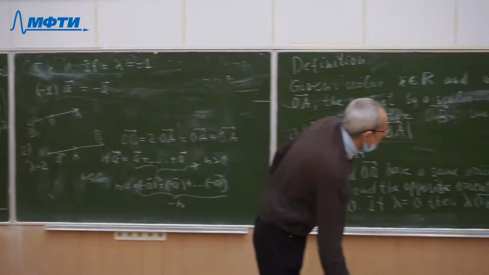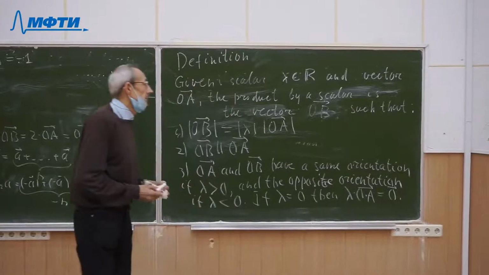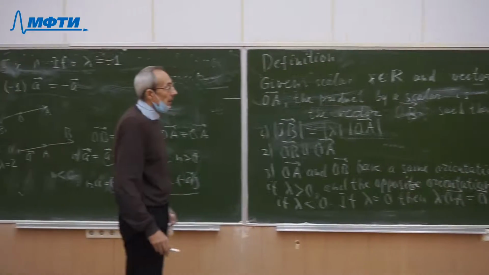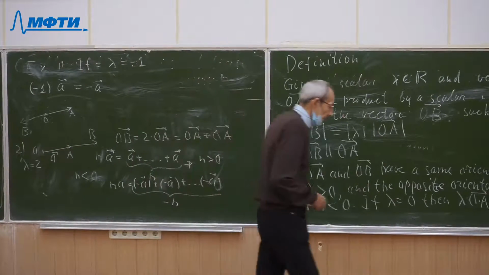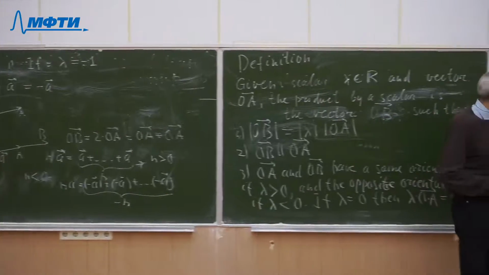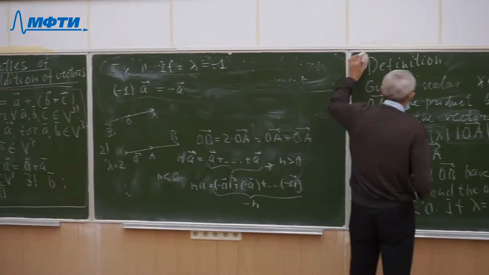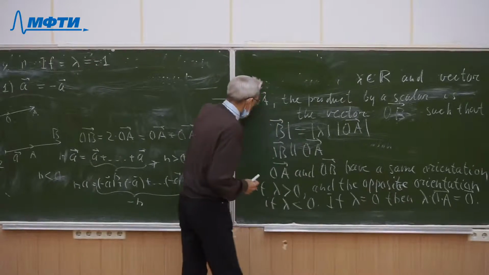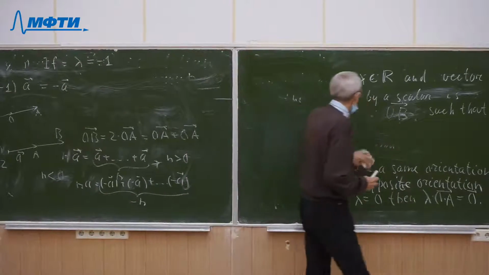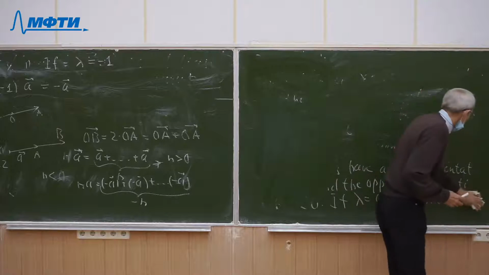And we also have two properties which connect these two operations, addition and scalar product, so-called distributivity properties. The following two properties.